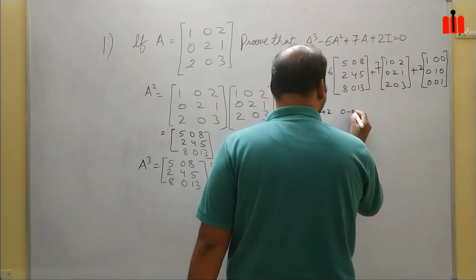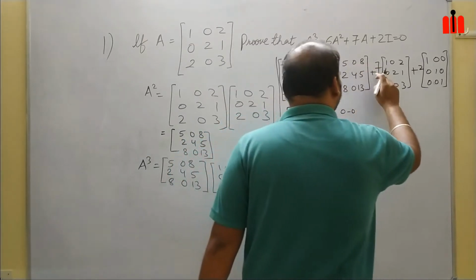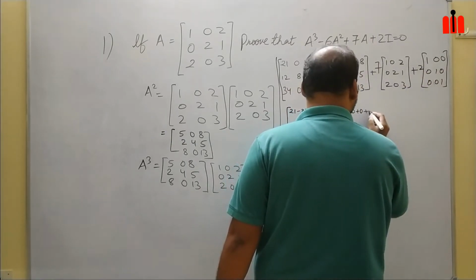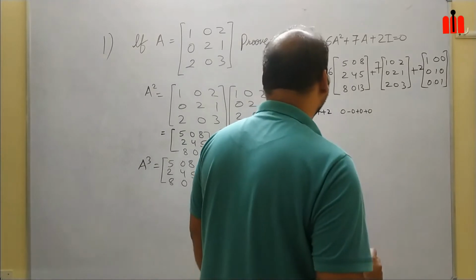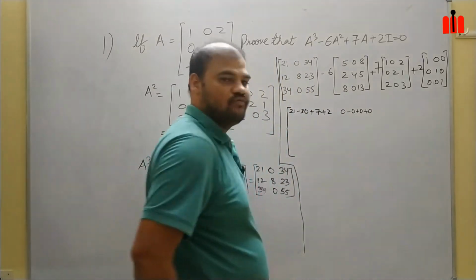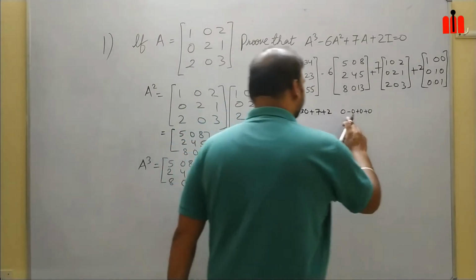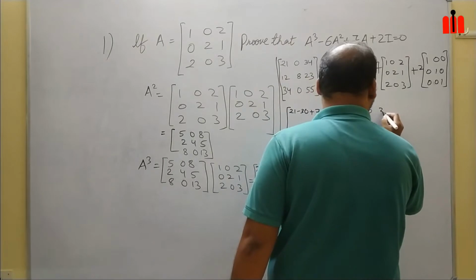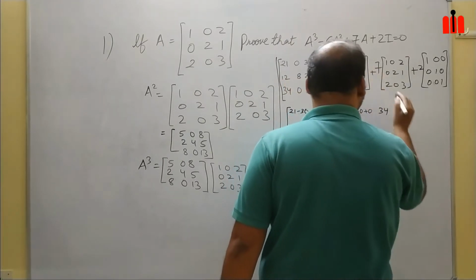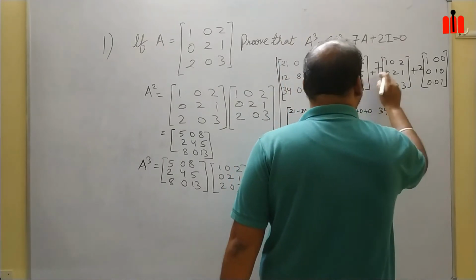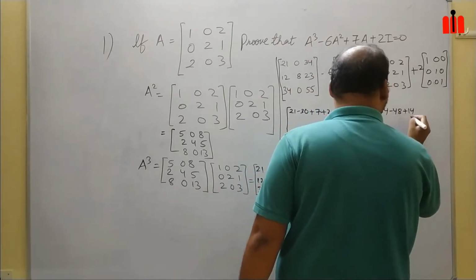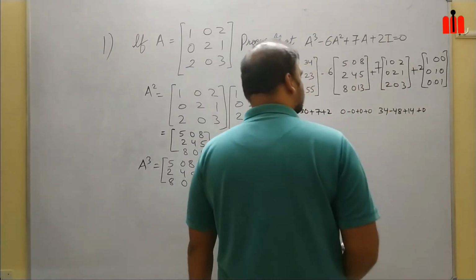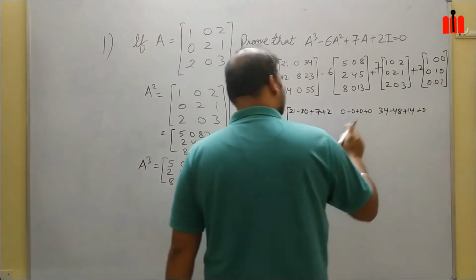So 0 minus 0. After that 7 into 0 0 plus 0 plus 2 into 0 0 plus 0. Okay. This will be my A12. First row, second element. Now go to third one. 34 minus 48 plus 14 plus 0. Right? 2 into 0 is 0.